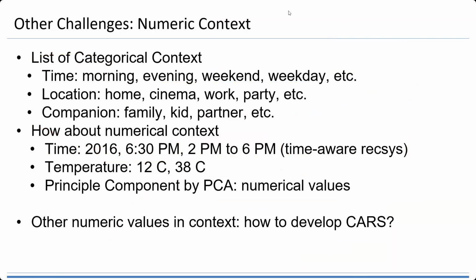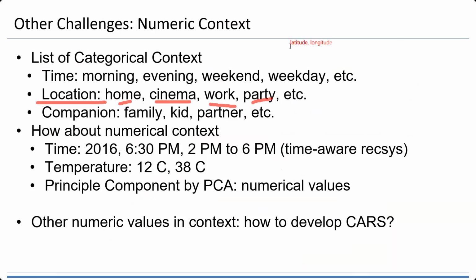For example, the location. Location is also a categorical: home, cinema, work, party. In some cases, people do not want to share the name, but they want to share only the latitude and longitude.